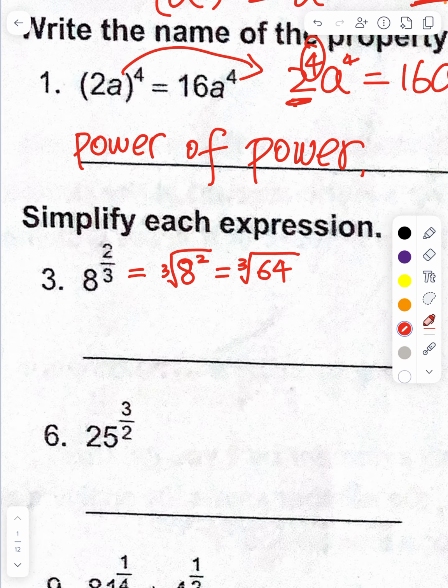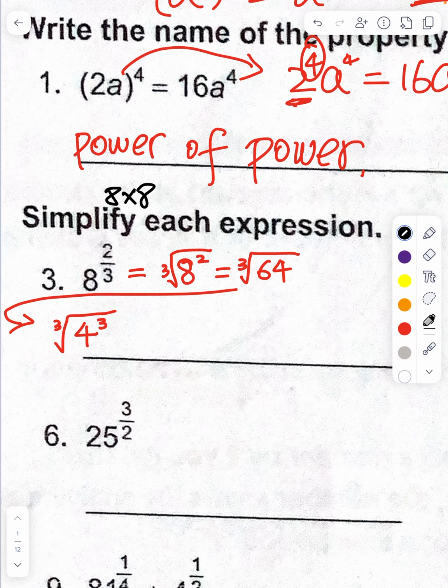But I can also change 64 to 4 cubed, 4 raised to the third power.